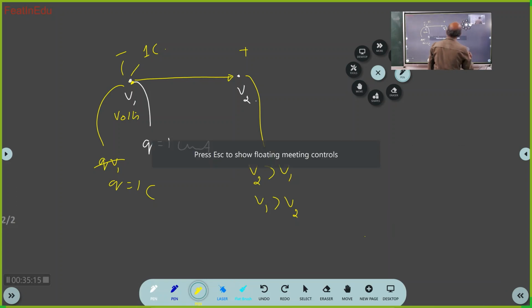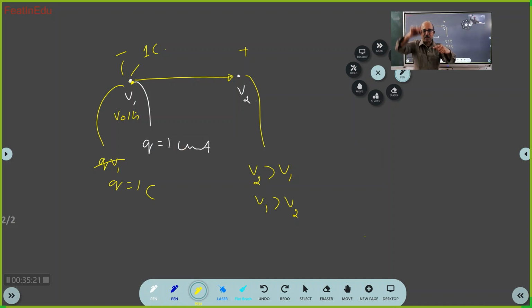Now, if I move this pen from this potential to this potential, I will do some work. This work will get converted to energy. Similarly, if I have to move a 1 coulomb charge from this point to this point, I will do some work.